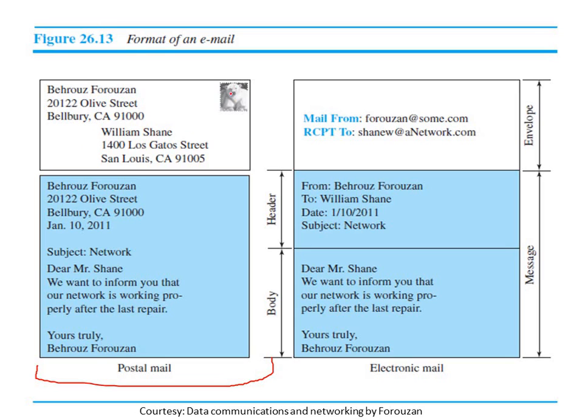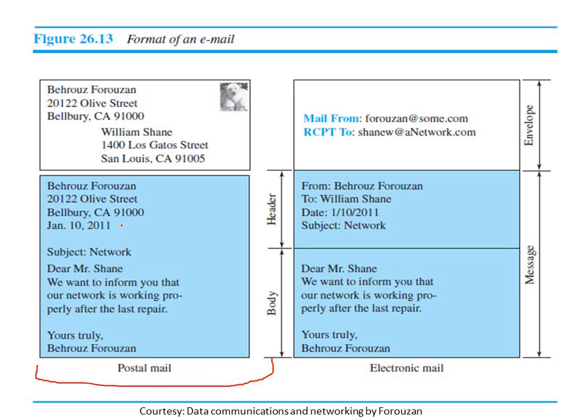Then you paste a stamp of appropriate value and send it through the post office. Inside you write a message, then the subject, and whatever information or text you want to communicate, and yours truly.